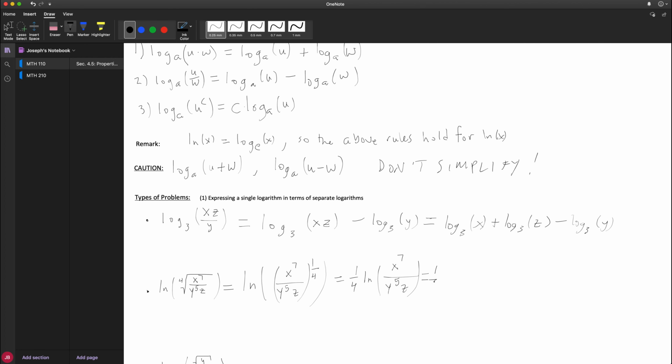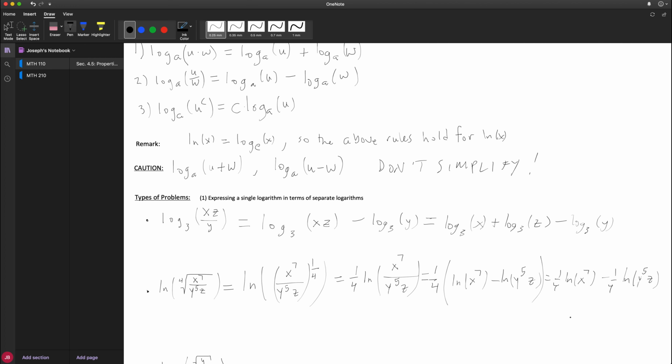We have this 1/4 out front, and we're going to be separating this logarithm, so this 1/4 is going to distribute. So we get ln x to the 7 minus ln y to the 5z. And if you like, you can distribute the 1/4 now. And so you get 1/4 ln x to the 7 minus 1/4 ln y to the 5z.